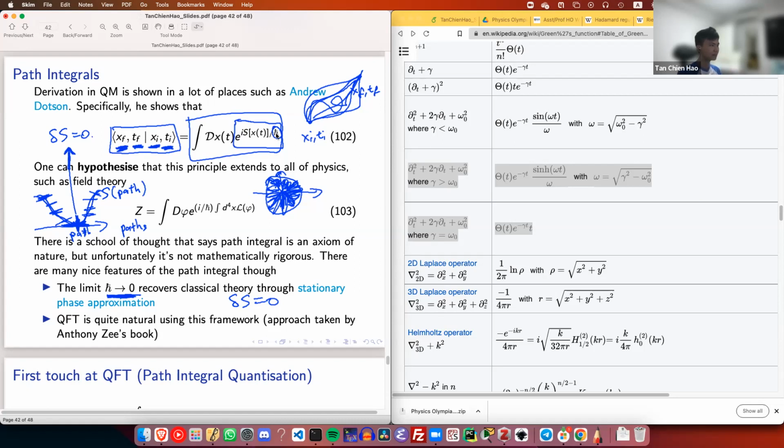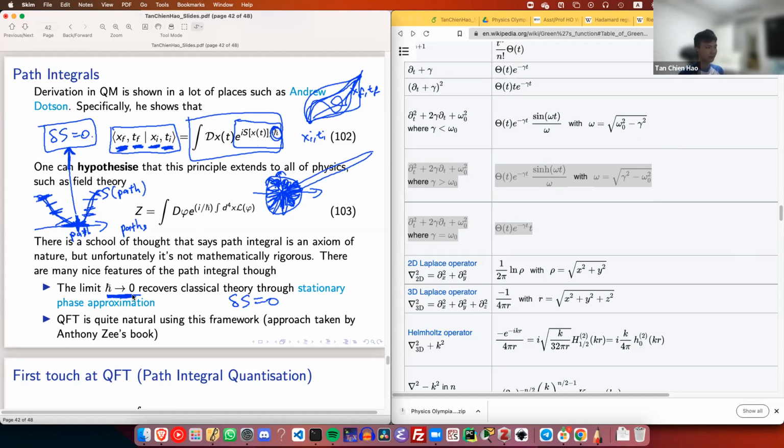In the limit that h bar goes to 0, this path gains huge importance, and basically it dominates this entire path integral. That is why in classical mechanics the system follows the path of least action.